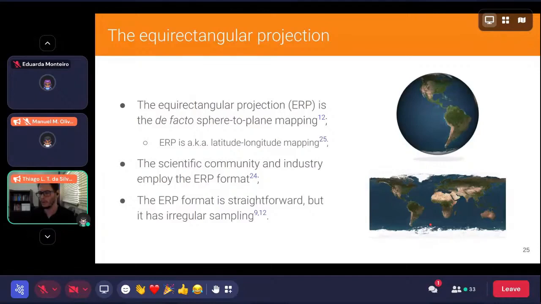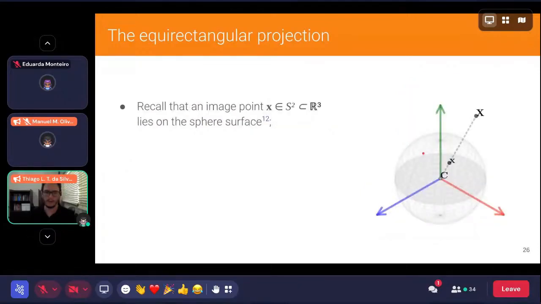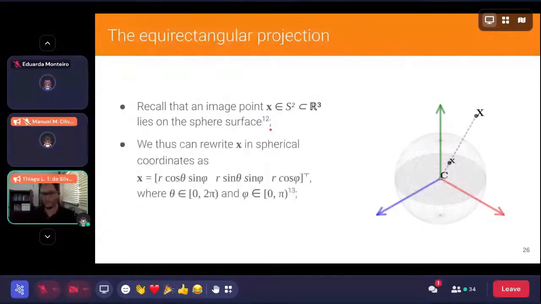Well, just to understand a bit more of what this rectangular projection is, we can go back and see the image point here. It's a vector that has unit norm, so it lies on the surface of the sphere, and we can actually rewrite this point, this pixel position, this image information position, in spherical coordinates.